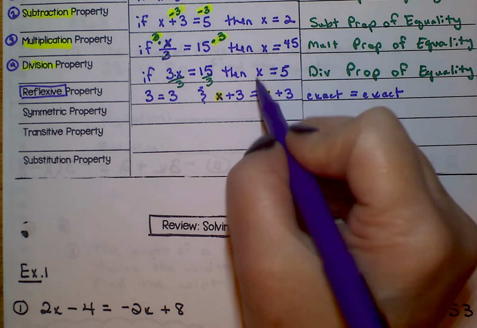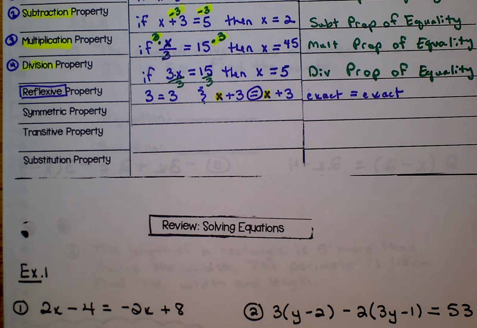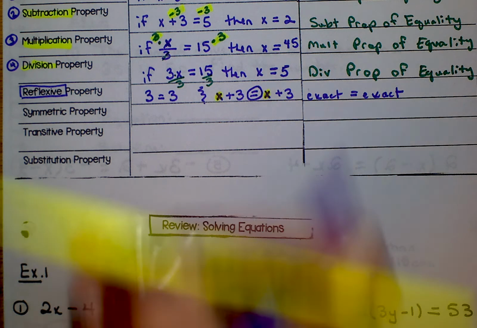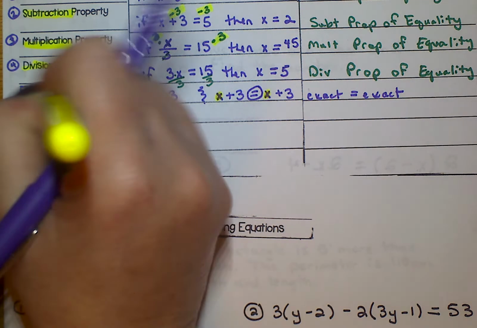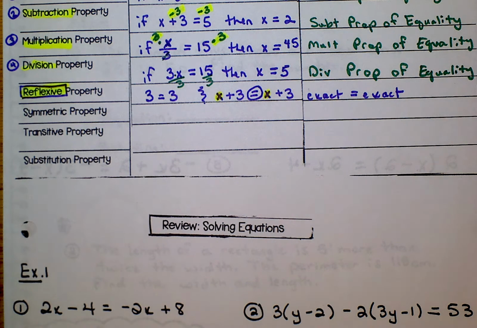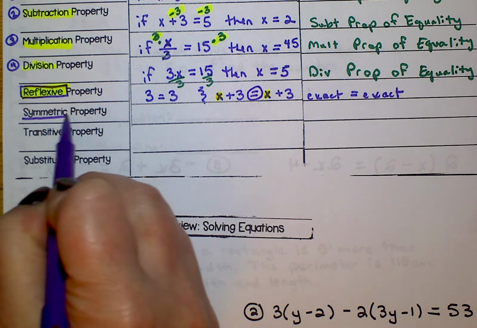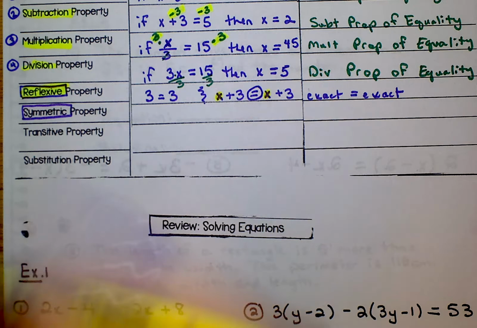So these two problems would always be equivalent, which means that x could be any number in the world. Okay, so sometimes you can have what's called an identity, or every number is going to work, which is all numbers.